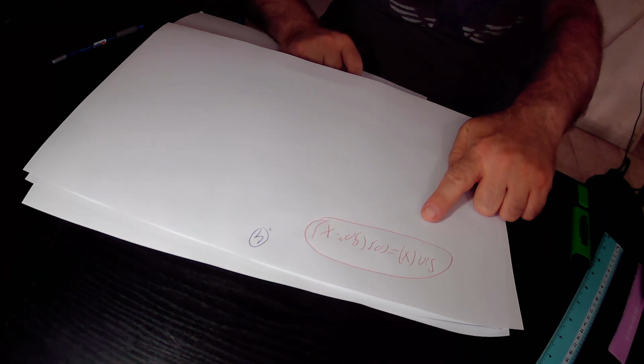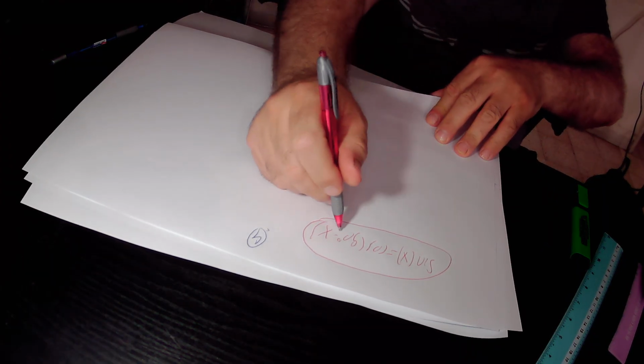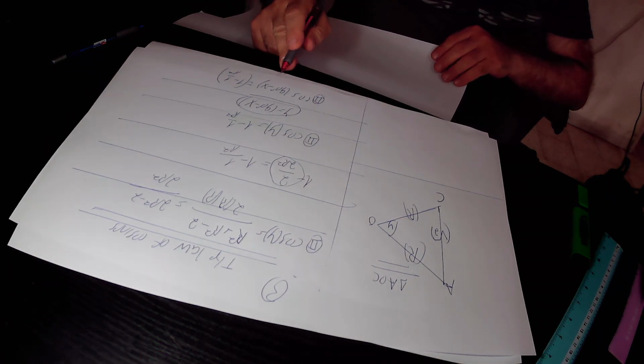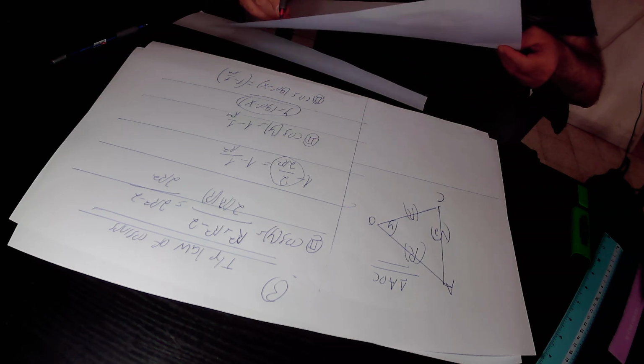According to this trigonometric identity, we can substitute cosine 90 degrees minus x by sine x, because sine x equals cosine 90 degrees minus x.